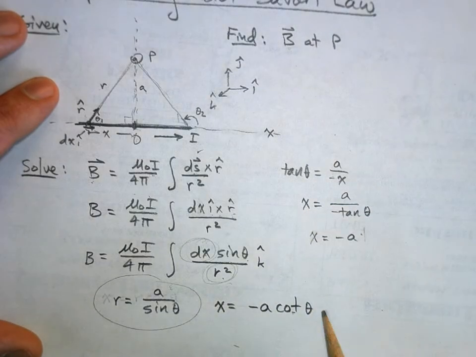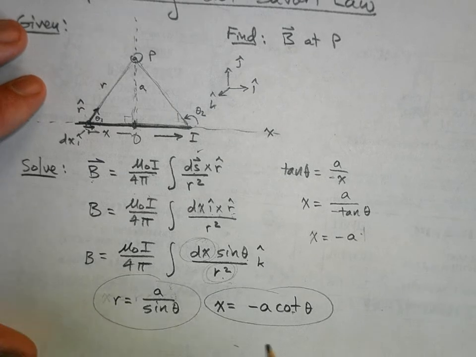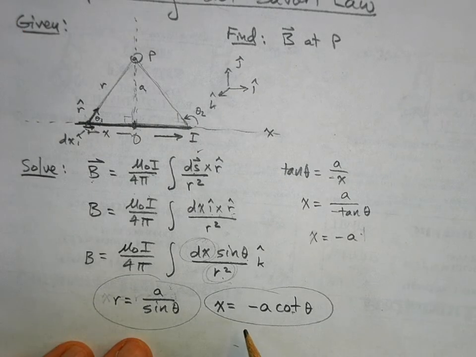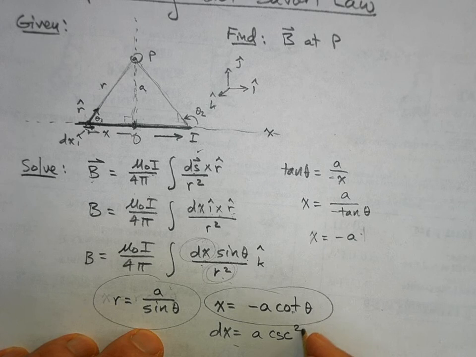That's what the book did. Now, we don't want to replace x, though; we want to replace dx. So take the differential of this. You get dx is equal to cosecant squared theta d theta.